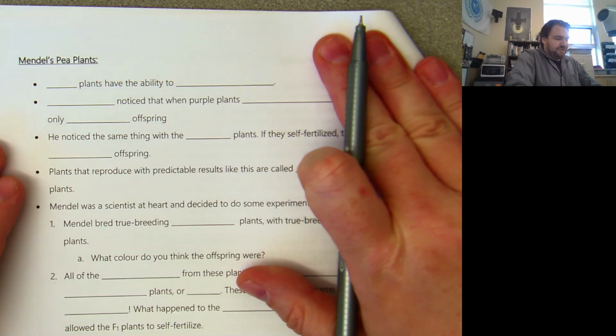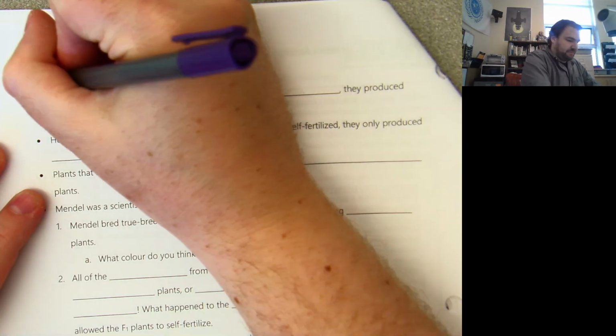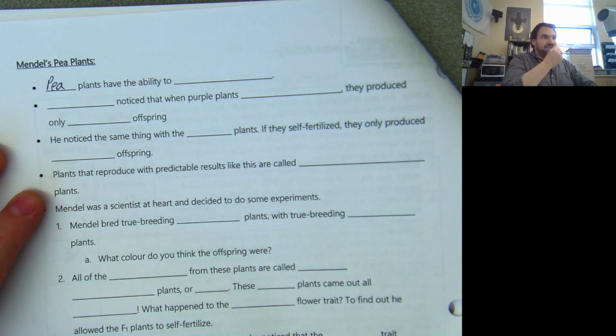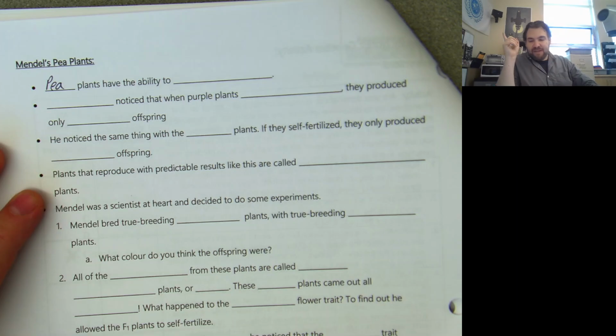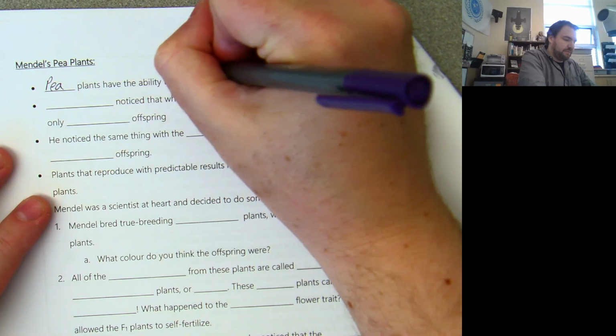I'll try and demonstrate what I mean by that. So, pea plants. Peas, the vegetable, the plants that grow those vegetables have an interesting ability. They have an ability to what's called self-fertilize.